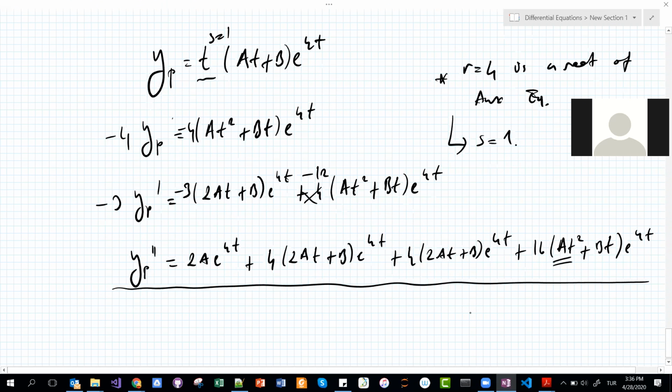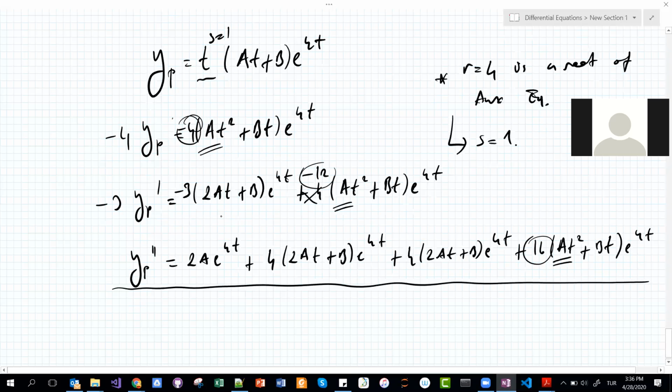At squared, as you see here, I have at squared, and then at squared here. If you add them up, look at the 16, negative 12, and then negative 4, they will cancel each other, right?